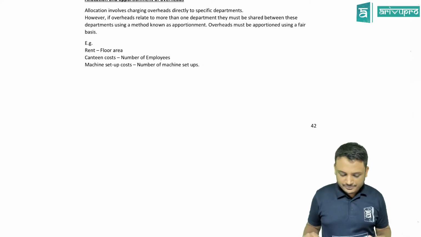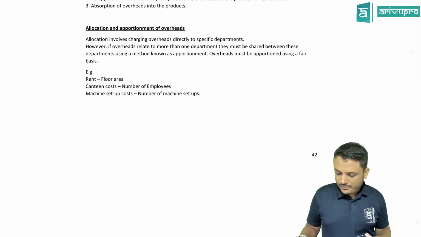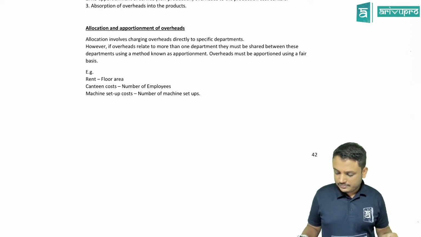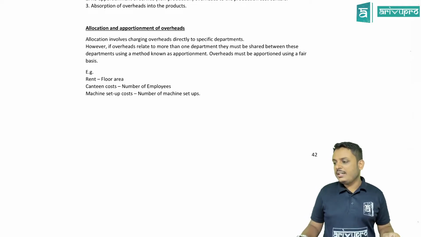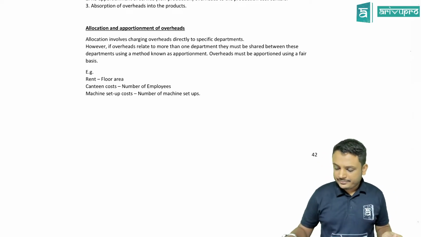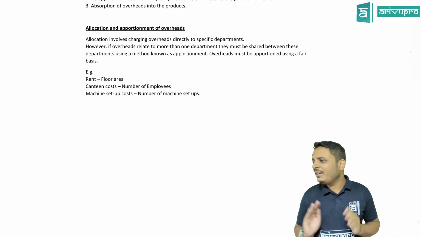For example, write down: only the factory is located in the building, then the rent is fully charged against the factory. Clear? Understood the meaning of allocation?